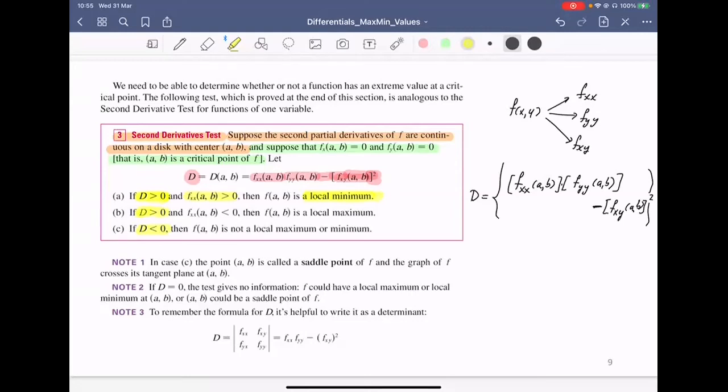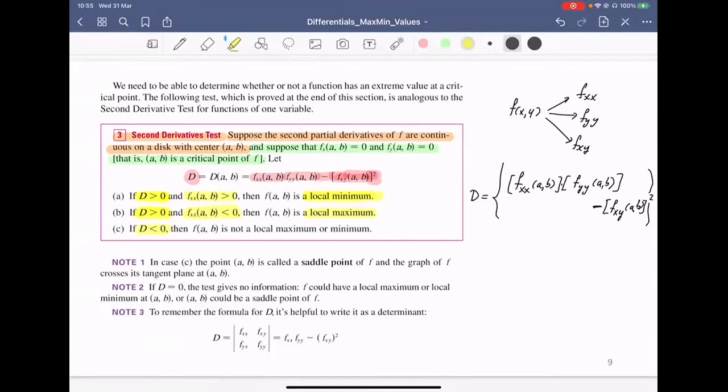If D is greater than 0 and fxx is less than 0, you're going to get a local maximum. So when D is positive, it could be a max or a min. It depends on the sign of f subscript xx.